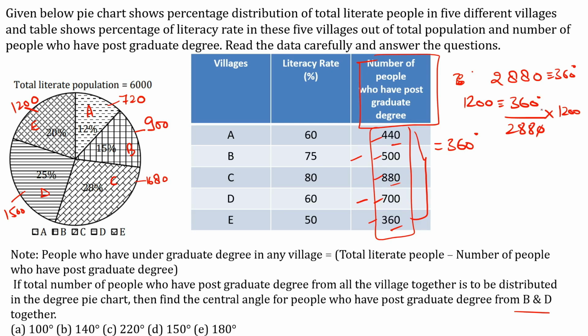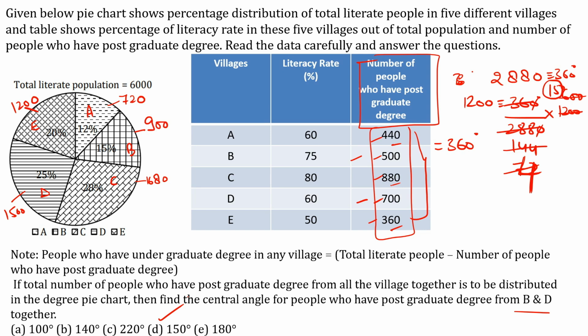This will cancel out. 144 and 600, and this will be 72, or 36. So 150 degrees will be the right answer, guys.